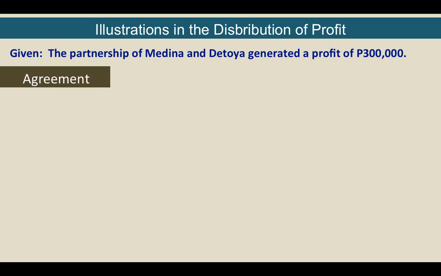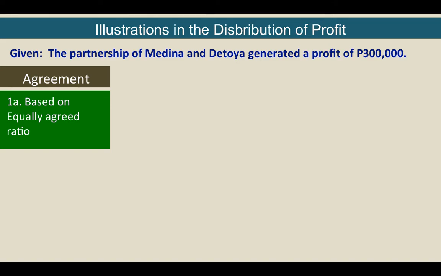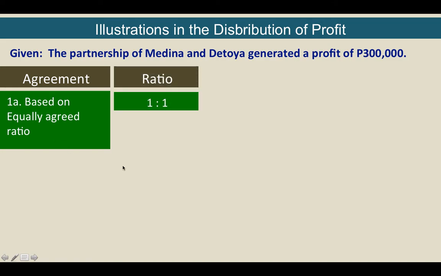So in this case, the agreement that we are going to use is based on equally agreed ratio. So an equally agreed ratio would mean 1:1 or one half, one half for Medina and one half for De Toya, or 50% for Medina and 50% for De Toya.